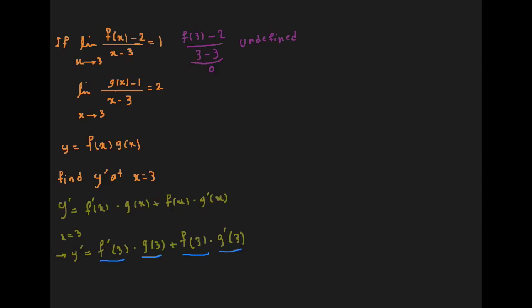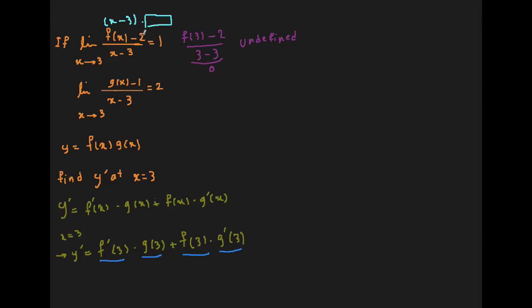So we can conclude that the numerator includes this factor, and it has been simplified with this, and that's why we have this number here. So we assume that the numerator is divisible and factorable by this term. It should look like this: x minus 3 multiplied by something.